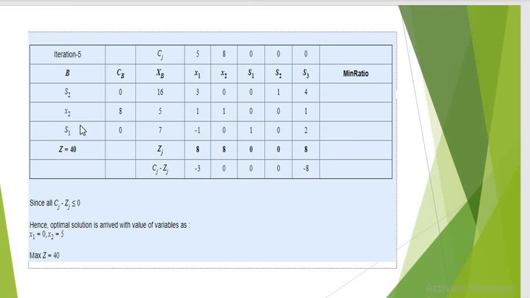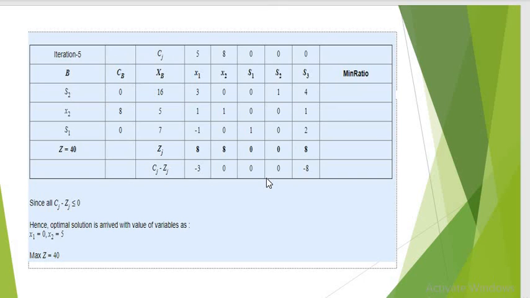Then the fifth table is shown here, and the basic variables are s2, x2, s1. The corresponding coefficients are shown here. And we can see that the net values are less than or equal to 0.